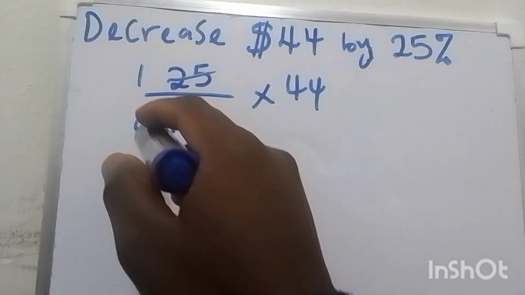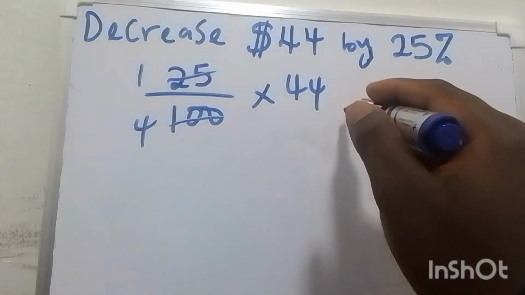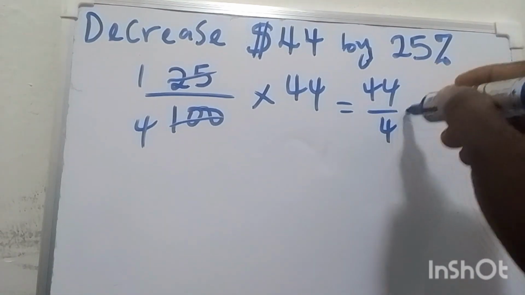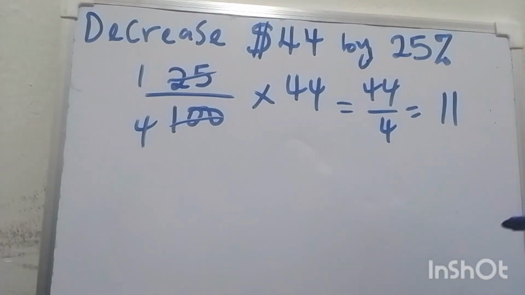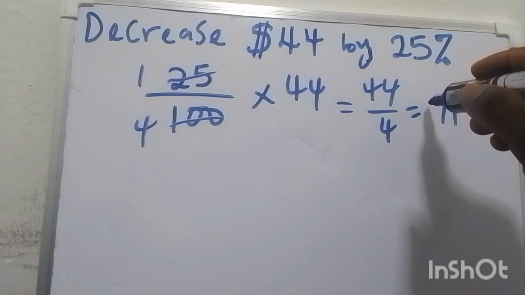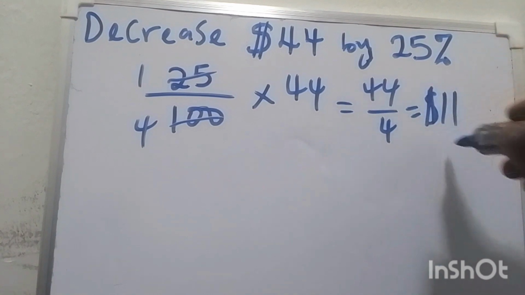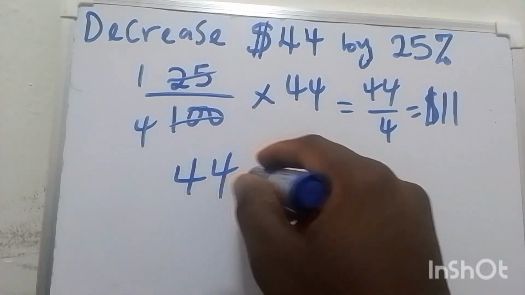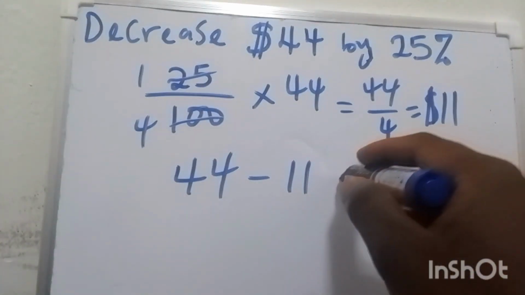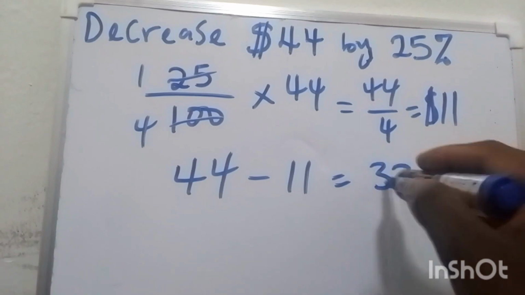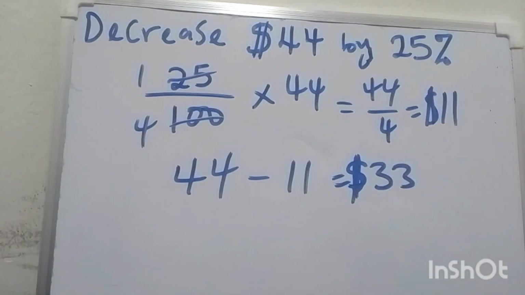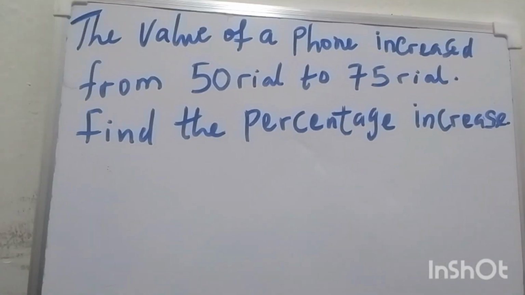So we can say 1 multiplied by 44, which is 44 divided by 4, which gives us 11. So the value here is $11. Now we are going to subtract it. 44 minus 11 gives us 33 dollars. That is percentage decrease.